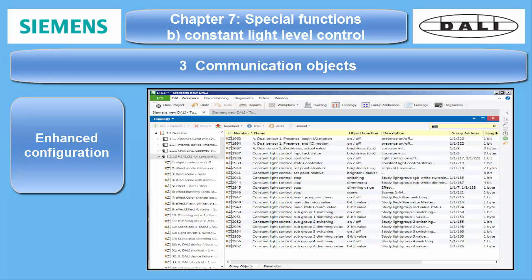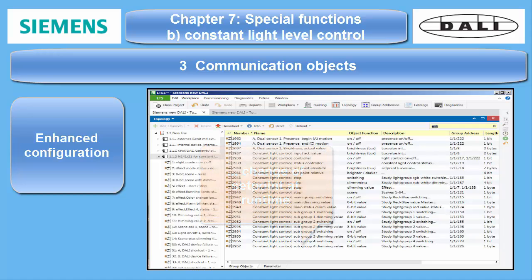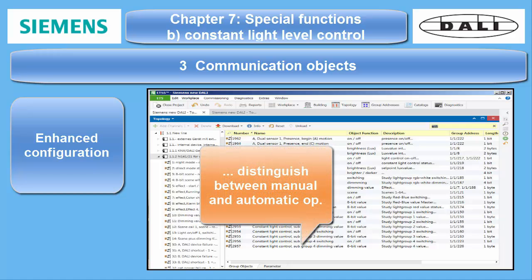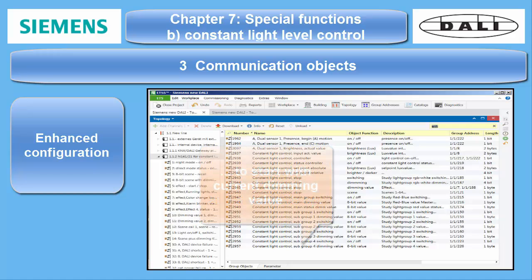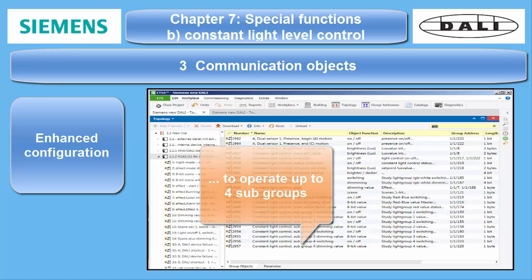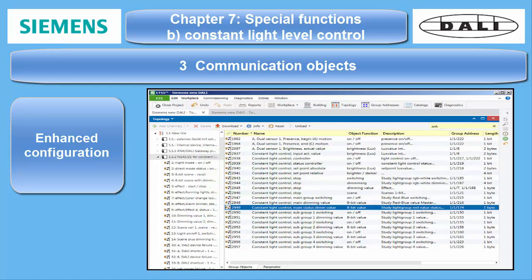Normally, you wouldn't stop at the basic level, because for a comfortable solution, it is always required to change the set point at runtime, to see the current brightness level, to distinguish between manual and automatic operation, to start with the current main dimming status, and to operate also subgroups. In this case, between 11 and 16 further objects have to be added.